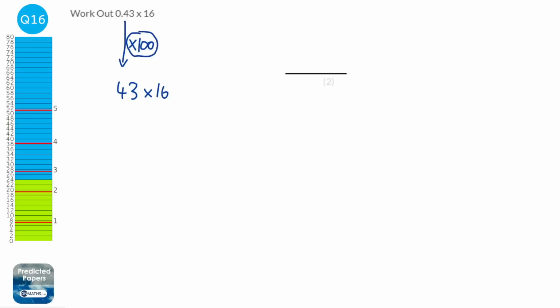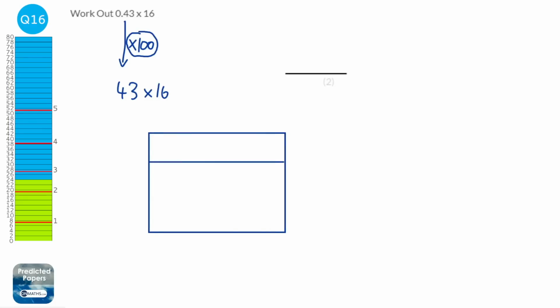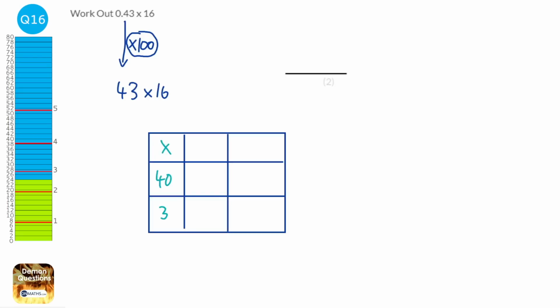And to do 43 times 16, there are loads and loads of different methods. Just pick whichever method you enjoy doing or that you find easiest. I'm going to do the grid method, but by no means is it the best method. It's just the one I'm choosing to do. So 43 is 40 and 3, and 16 is 10 and 6.